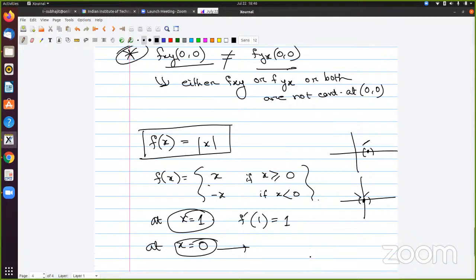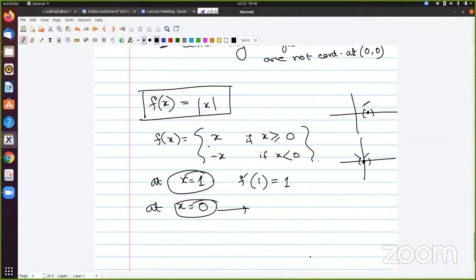Yes, sir. Another thing, someone was asking why 0 is important. 0 is not important at all. If you know how to calculate it for mod x, then you know whether it is differentiable or not at x equal to 1. The same type of approach you will take.